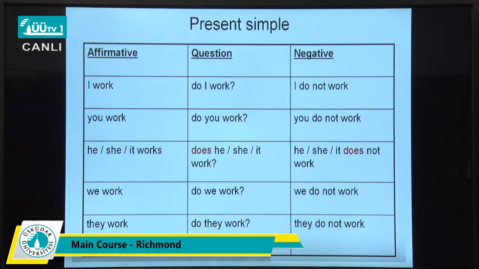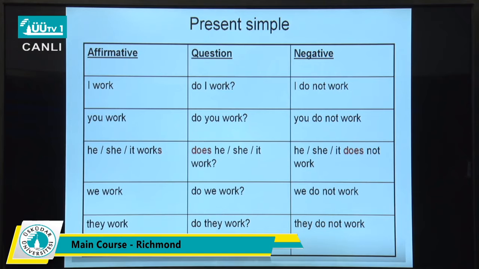Now, let's look at the negative sentences. I do not work. I don't work. You do not work. You don't work. He doesn't work. Again, we use does with he, she, and it. She doesn't work and it doesn't work.